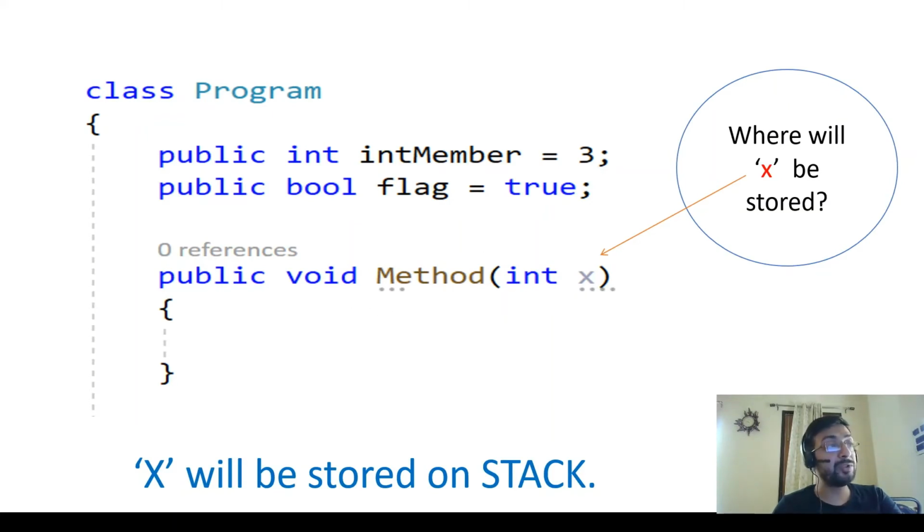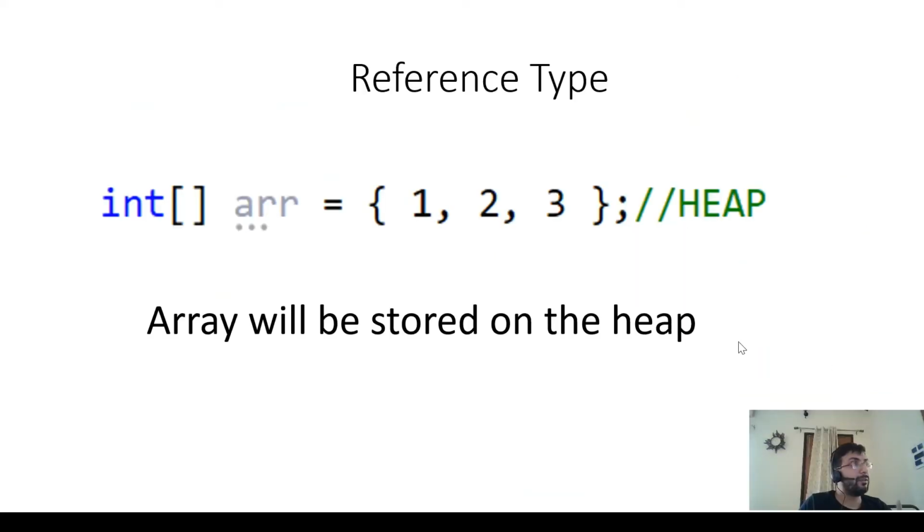It's of a value type because it's an integer, and it will go on a stack. If we had declared it outside, under this particular class, then it would have gone on a heap. Since it is in a method, it will take its normal course, which means it will go on a stack.